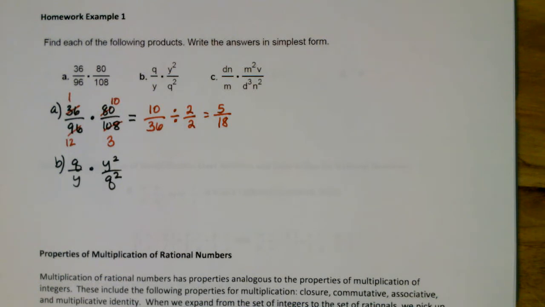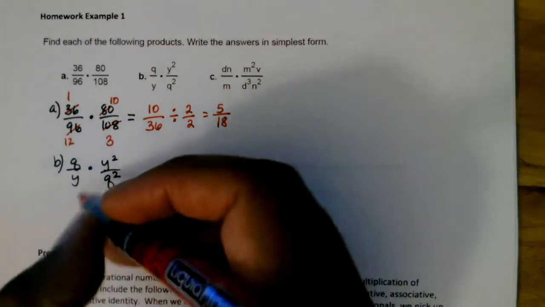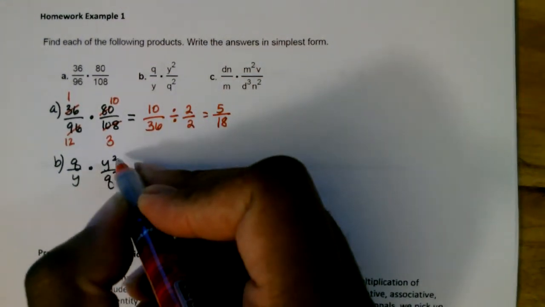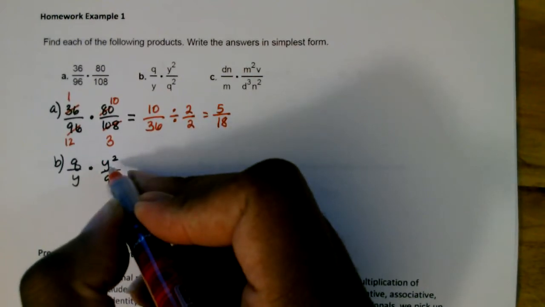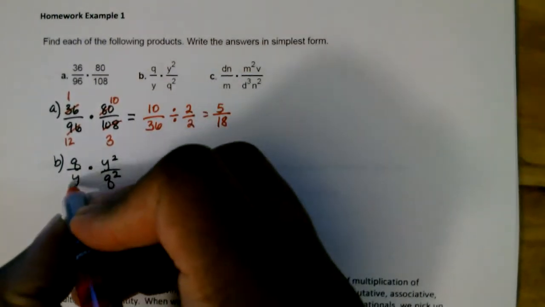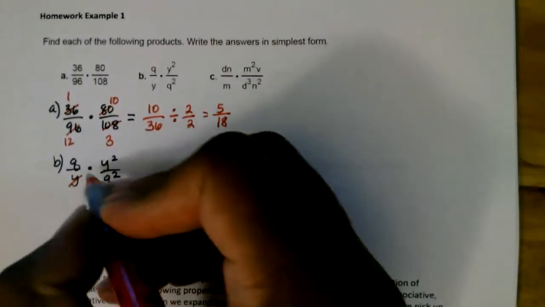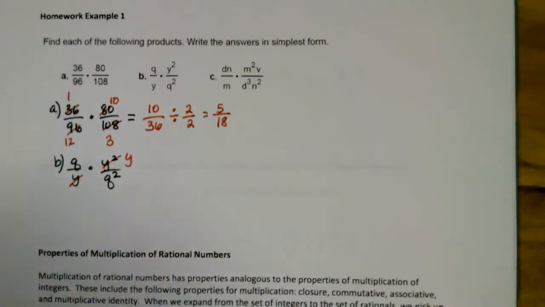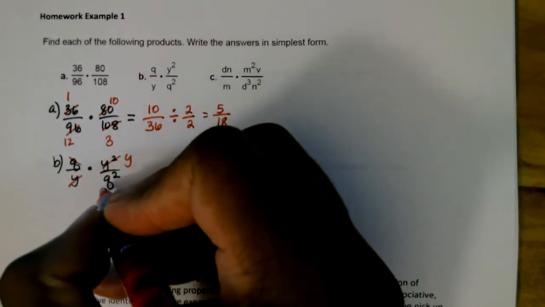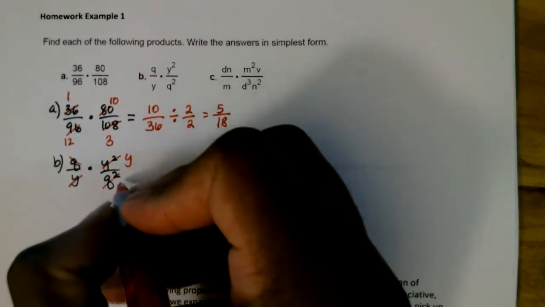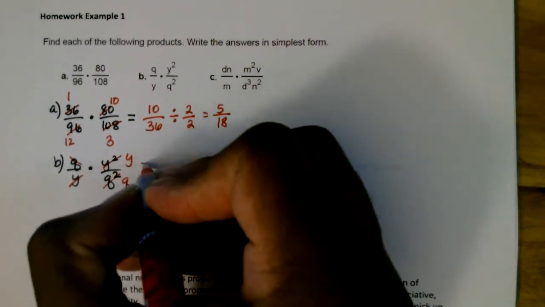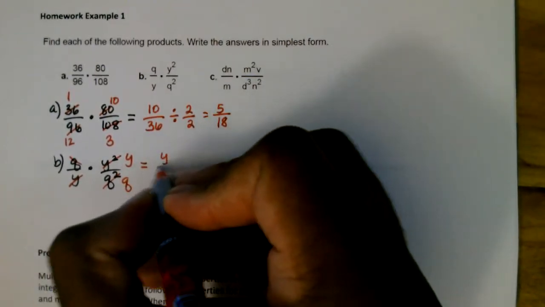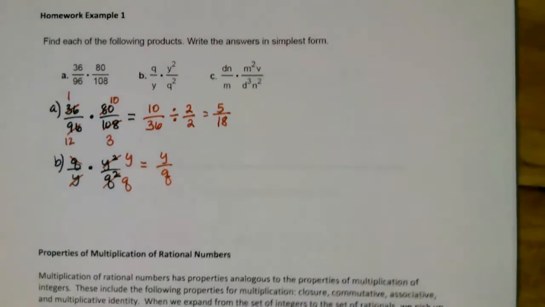Since we're dealing with variables here, we can still cross divide just like we did in part A. Okay, like with the Y and the Y squared, there is a Y in Y squared, which can be divided out with this Y. So this Y divides out with one of the Y's in Y squared. I'll be left with a Y. And with Q and Q squared, this Q can be divided out with one of the Q's in Q squared, you'll be left with a Q. So the final answer there will be Y over Q.